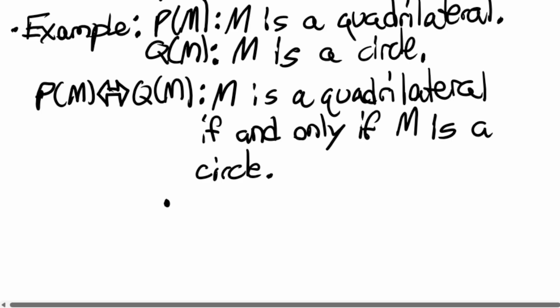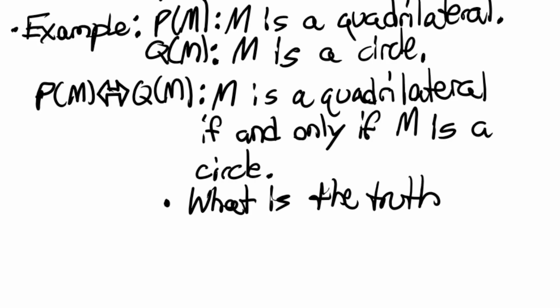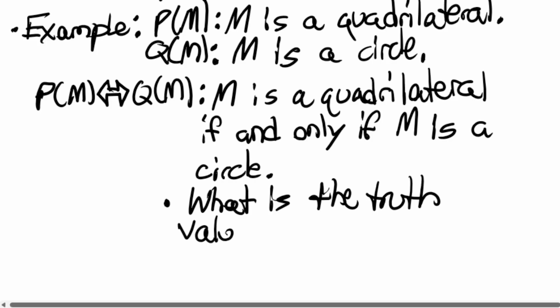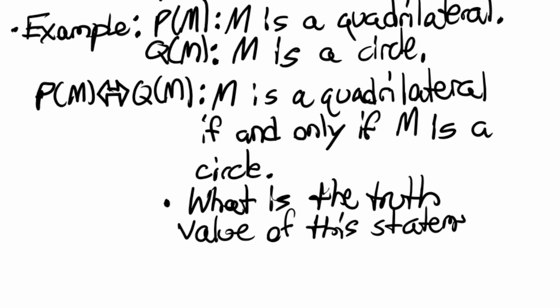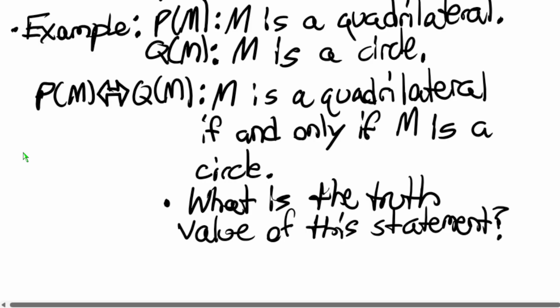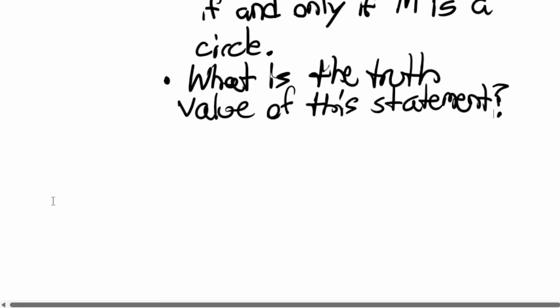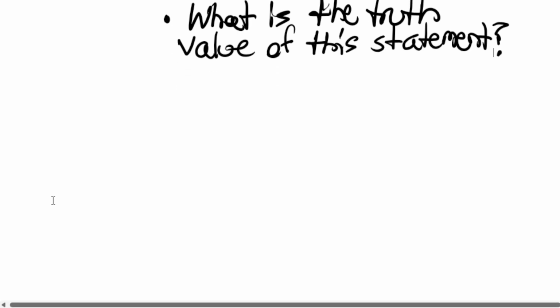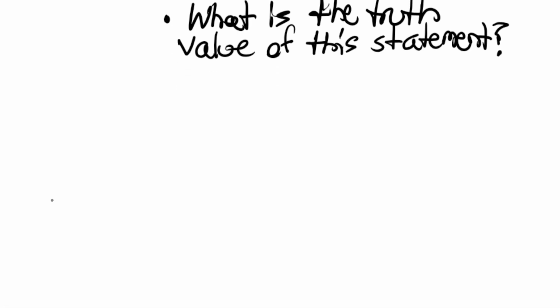And let's say we are also asked what is the truth value of this statement? Well, probably the best way for this kind of statement would be to construct a truth table.